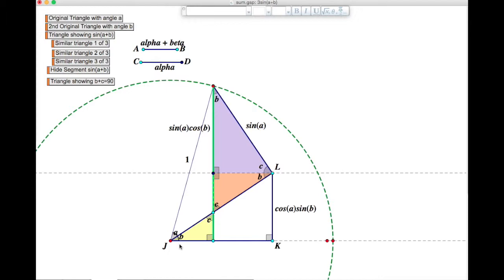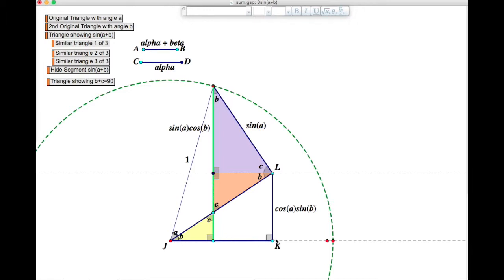Before we move on, let's discuss how these three triangles are similar. Looking at the yellow triangle, we see that it has a 90-degree angle and contains this angle B. A new angle is introduced in this triangle, and that is going to be what we call angle C. Together, the 90-degree angle, angle B, and angle C make up our yellow triangle.